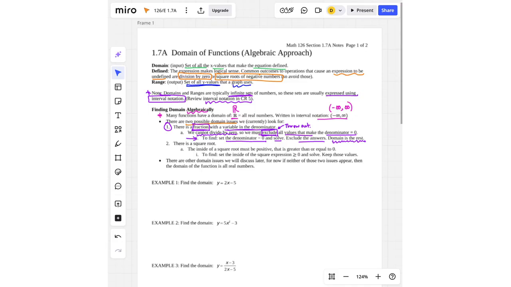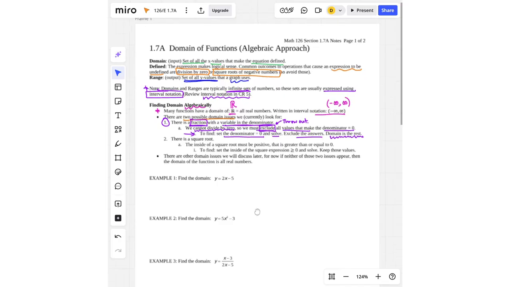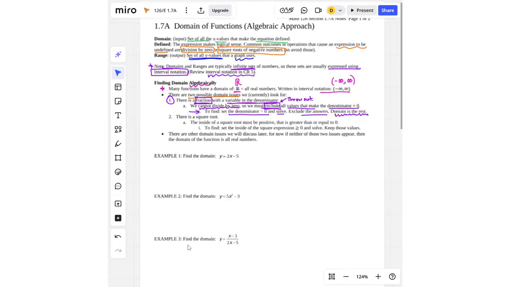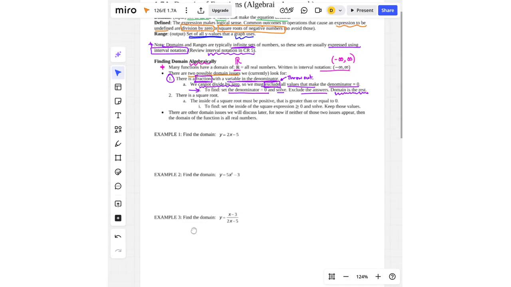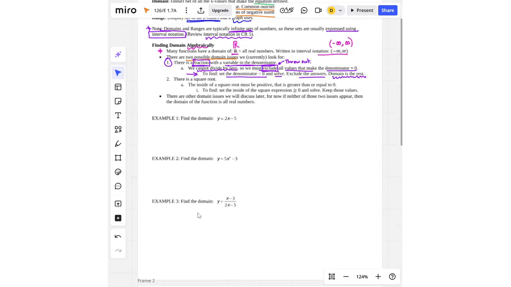All right, so I'm going to jump down to example 3. I'm skipping examples 1 and 2 because notice they are not fractions, so they cannot have this issue. But in example 3, the first thing you would notice, so this would be your thought process, is that you look at this function and you think, this is a fraction.